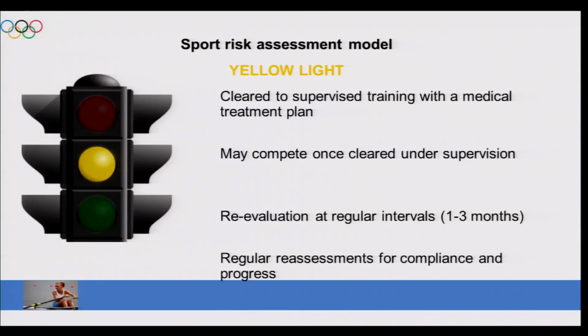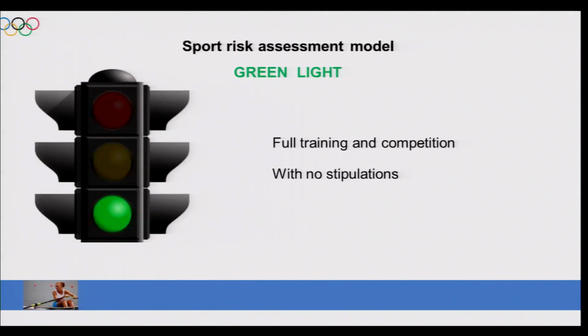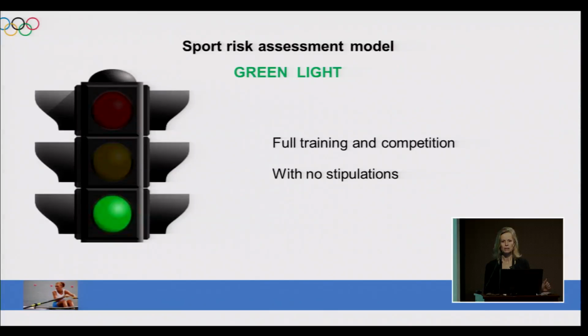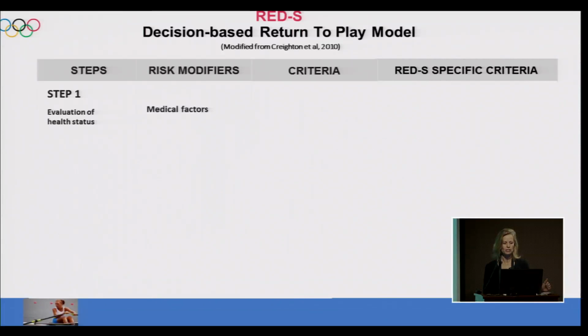And I think what's key is that we expect the athlete to have regular compliance and show progress and improvement in their situation. And of course, obviously, the green light athlete we're very happy with, and they have full training and competition with absolutely no stipulations on their sport functioning. So I think that model, I hope, is fairly simple to understand.